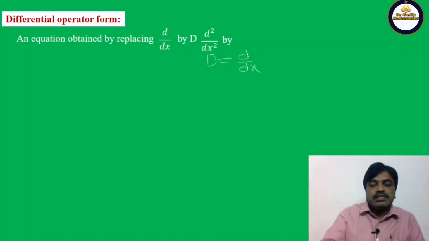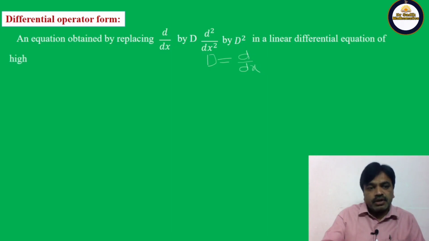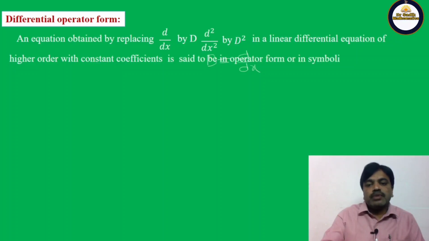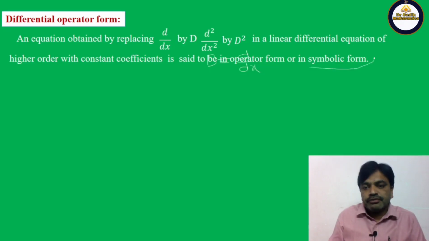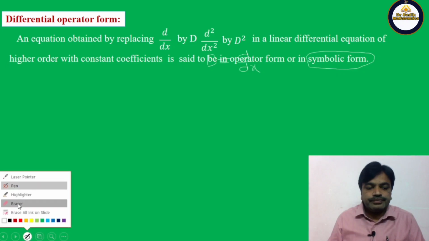Now d square by dx square, and so on, in a linear differential equation of higher order with constant coefficients, is said to be operator form, or it is also called symbolic form.